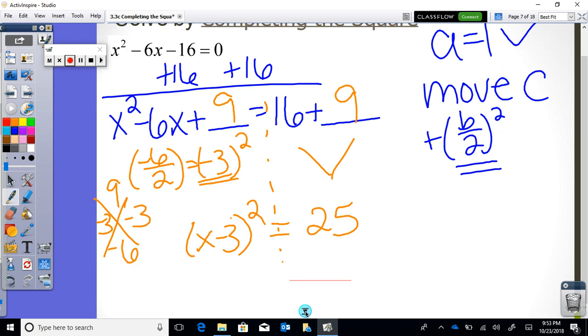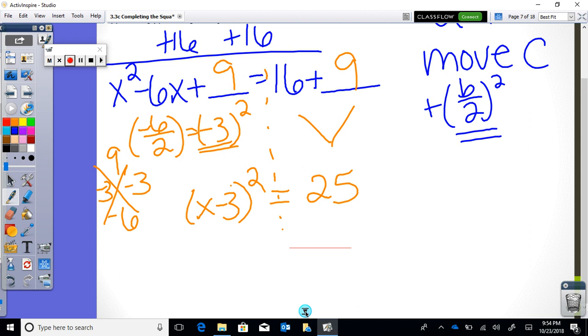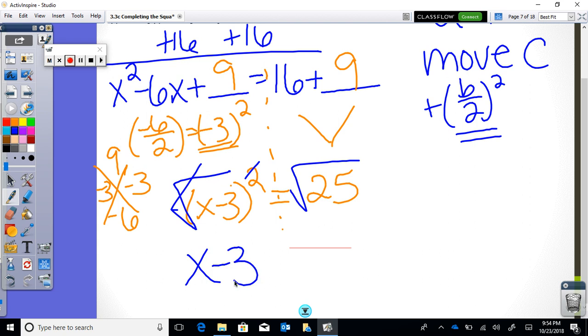Then I can go ahead and solve by square roots, which is a previous lesson that we have talked about. So to get rid of the square here, you square root both sides. That's the inverse operation. This square root will take out this square, and on the left, you're left with just x minus 3. Equals, the square root of 25, remember, is plus or minus 5.